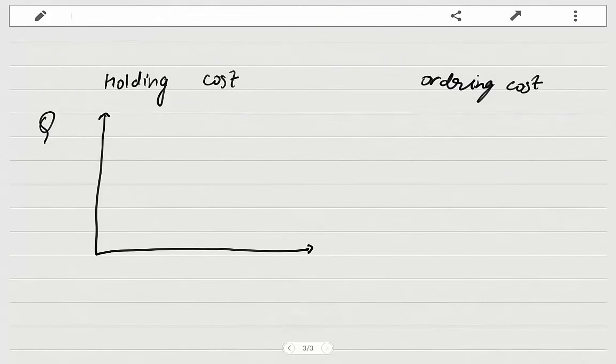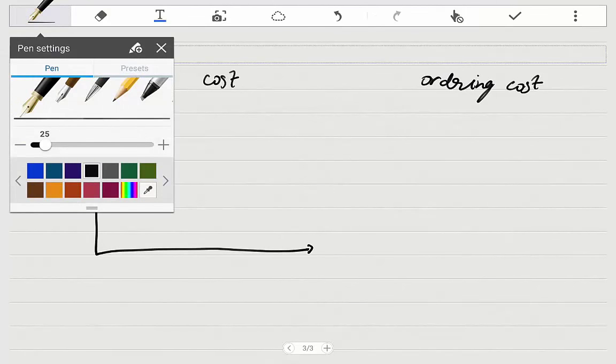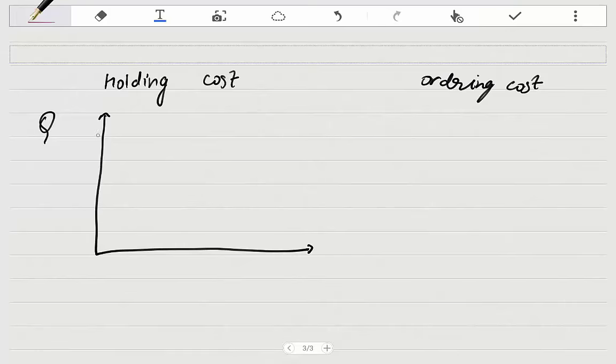Well, the first thing you will notice is if you order Q and if the demand rate is constant, the first day the order arrives, the inventory is at Q and it starts decreasing as a straight line, right?